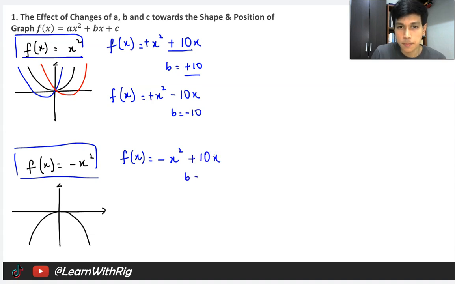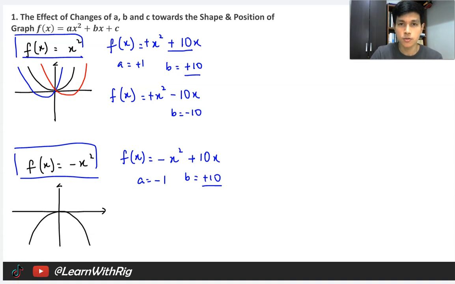Now your b value is also positive 10, which is the same as the top, but the difference is that in this case your a value is negative, and at the top the a value is positive. So the bottom is negative. The negative only tells you N shape, but because it's a negative graph and b is positive 10, you have to do the opposite from the top.